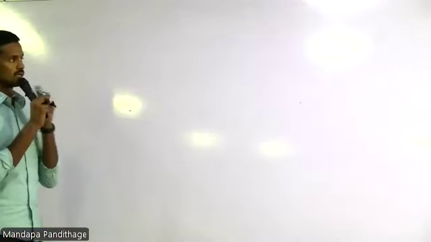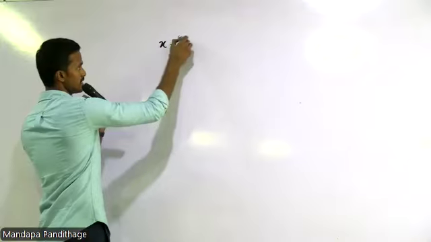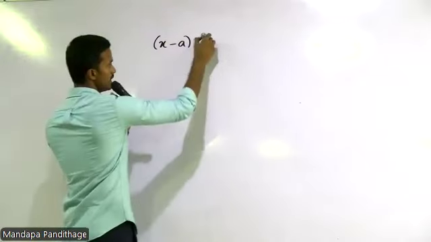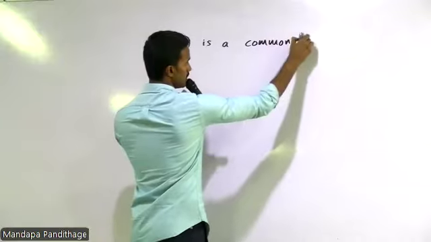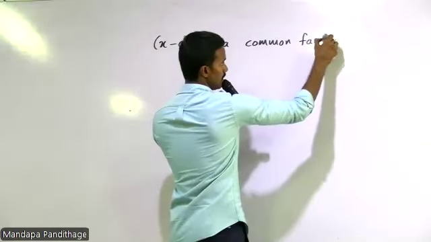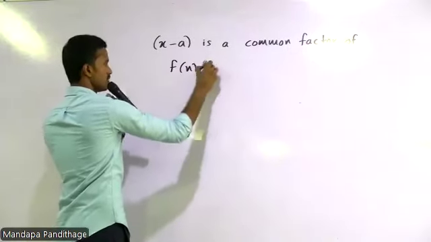Okay. So we say if two or more polynomials are having a similar factor, we call it a common factor. So let's say there are two polynomials, f(x) and g(x), and x minus a is a common factor of f(x) and g(x).